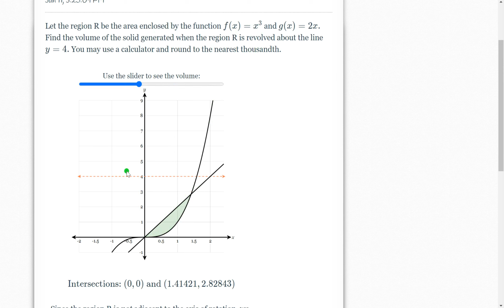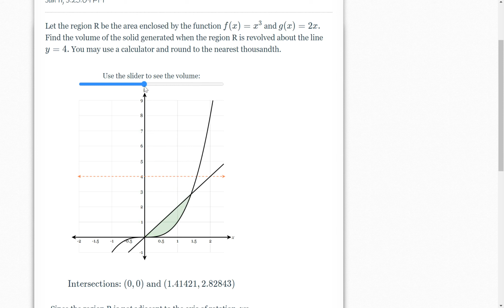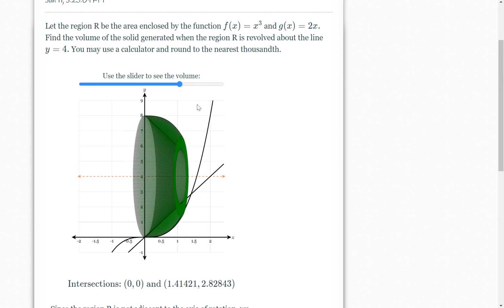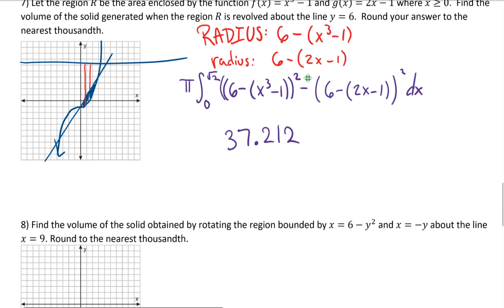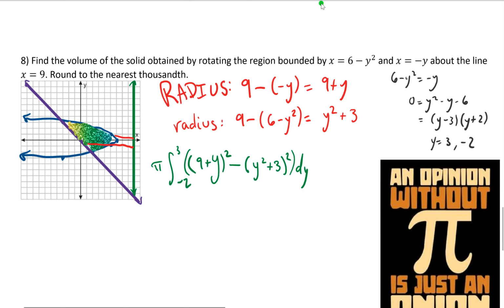So this is a function that we're going to rotate around this line, and if you drag this, this is what the three-dimensional solid will look like. And it's really hard to visualize these for me sometimes, but I thought this was a great representation of these. So play with the slider on Delta Math. You'll love it. And let's have you guys try this question right here. I will be back with my setup soon.